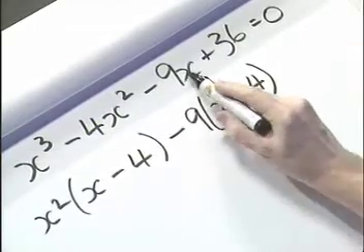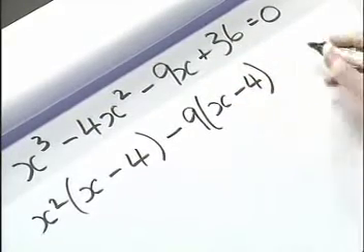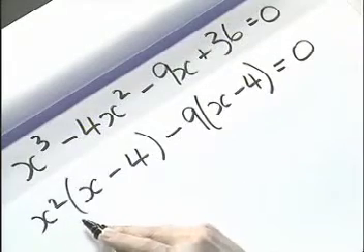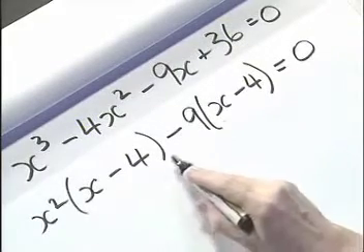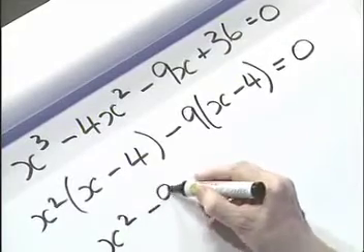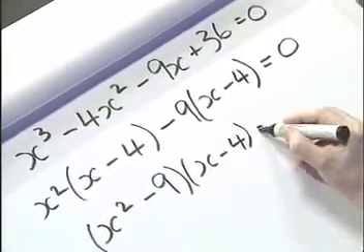Minus 9 times x is minus 9x, and minus 9 times minus 4 is plus 36, and all that is equal to 0. And we can now factorize again because we have a common factor, x minus 4. So we have x squared minus 9 times x minus 4 equals 0.